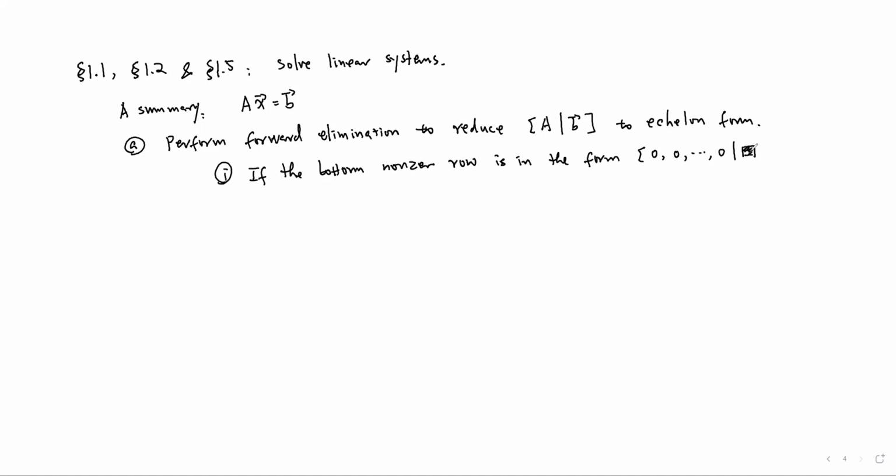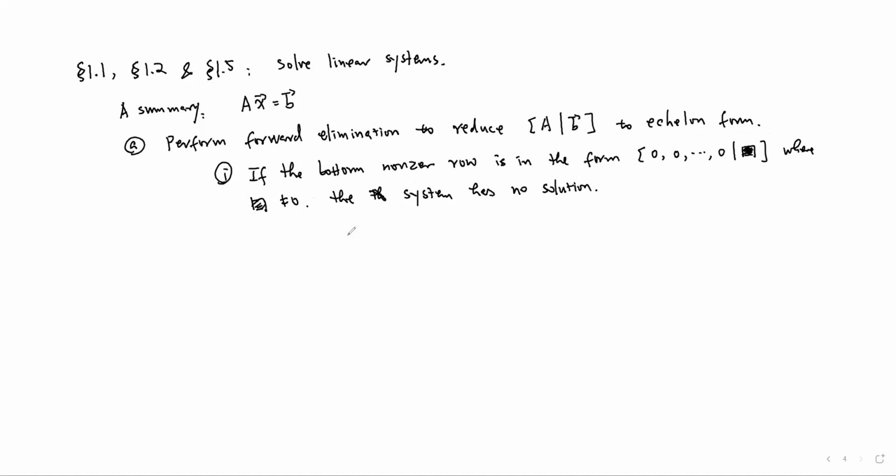Usually this notation means a non-zero number. Then the system has no solution. In other words, the linear system is inconsistent.